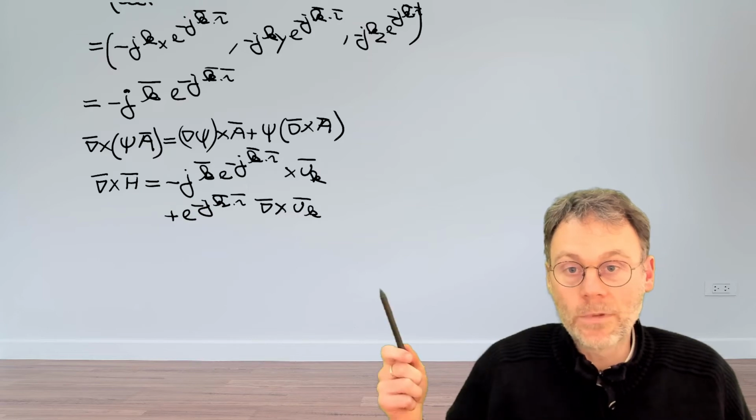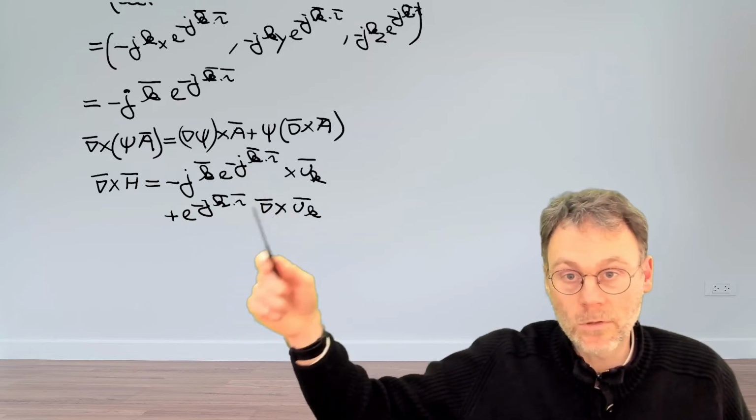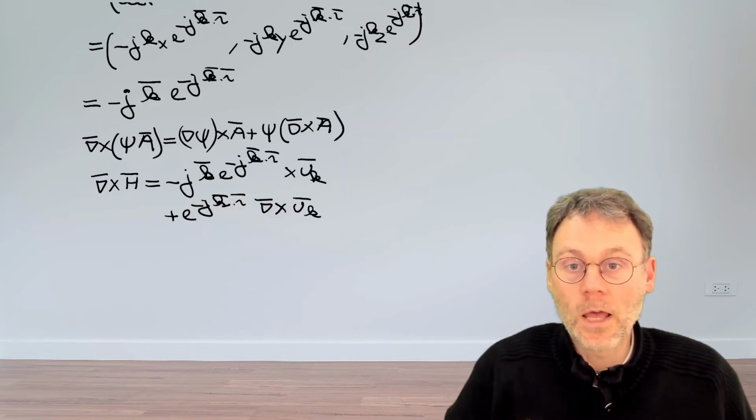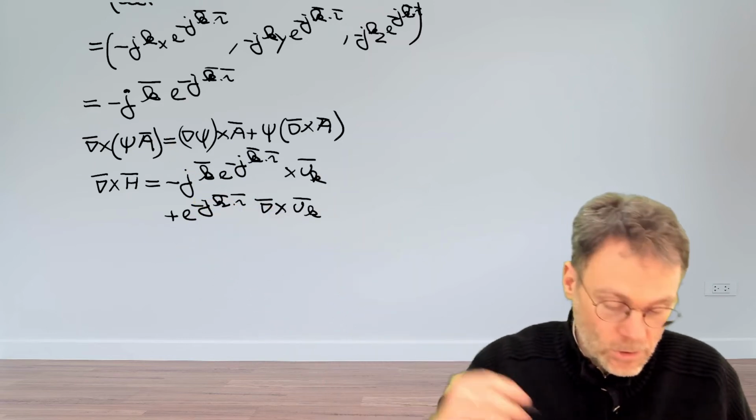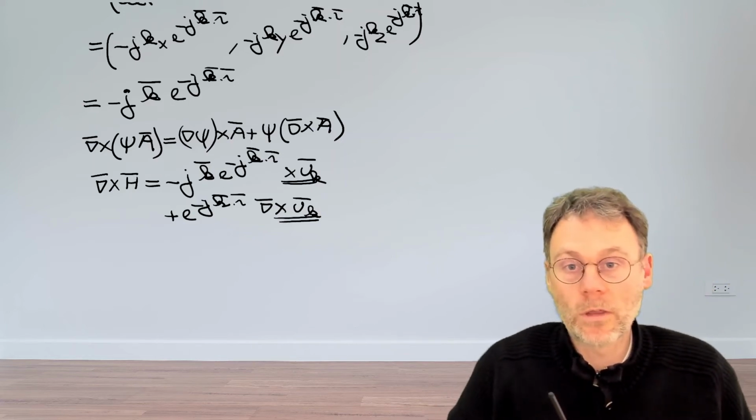We can actually simplify this a little bit. In both of the terms, we have exponential minus jkr, so we can bring this out in front. If we look at the back of these terms, we always have this cross product with uk.